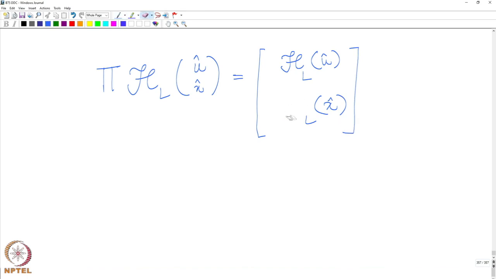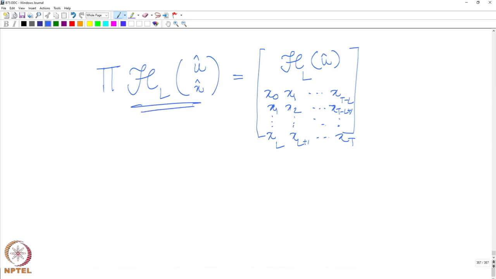I am going to write this as x 0, x 1, dot dot dot up to x t minus L. Then there will be x 1 here, x 2 here, dot dot dot up to x t minus L plus 1, and you know what will come here, x L plus 1 dot dot dot up to x t. That is what we will have. So this is a row permuted version of this, but what does this mean? Look at this part now only.